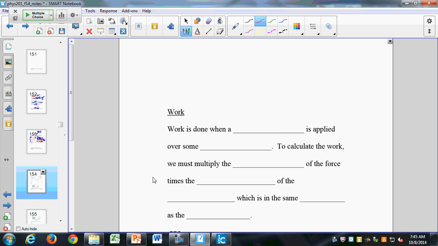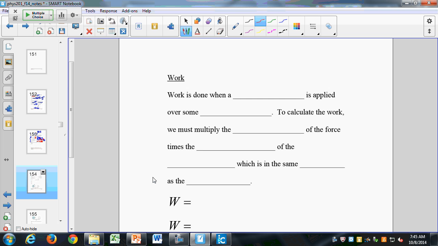All right. So this comes up when we're doing work. The reason we want to use a dot product is because of work. Work is done when a force is applied over some displacement. These are both vector quantities, right?